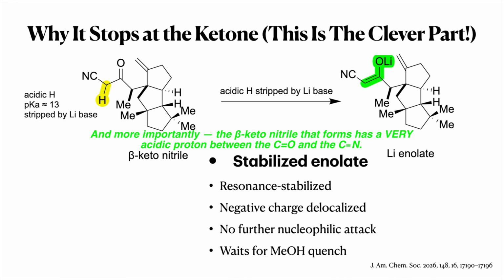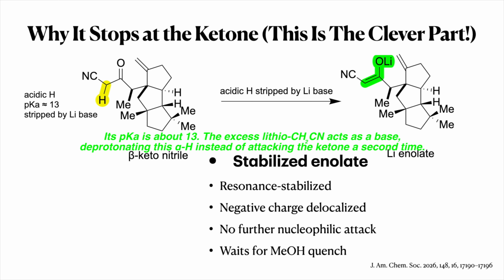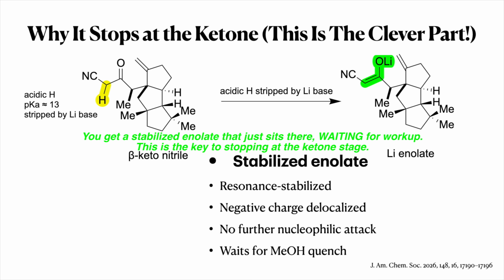And more importantly, the beta-keto nitrile that forms has a very acidic proton between the carbonyl and the nitrile group. Its pKa is about 13. The excess lithium CH2CN acts as a base, deprotonating this alpha proton instead of attacking the ketone a second time. You get a stabilized enolate that just sits there, waiting for workup. This is the key to stopping at the ketone stage.